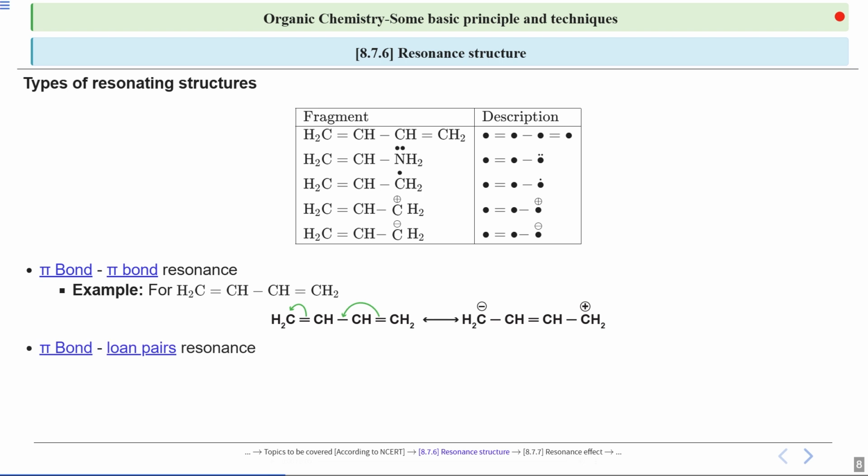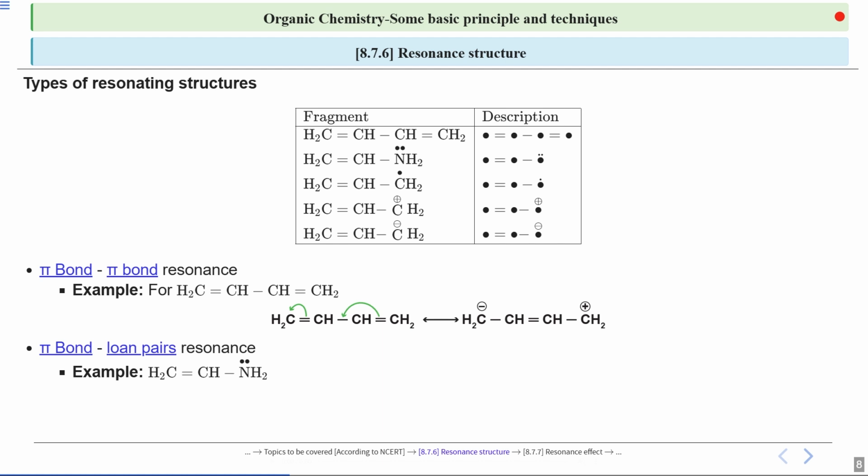Moving on to the next one, we can have a pi bond and lone pair resonance. Now here, if you look at NH2, okay, the nitrogen is not sp3 hybridized, but still it can undergo resonance. So that condition that you have seen earlier is likely applicable for carbon, not for other heteroatoms.